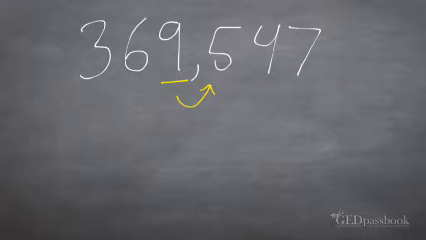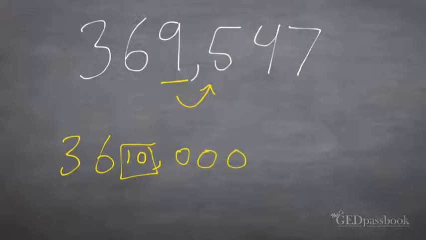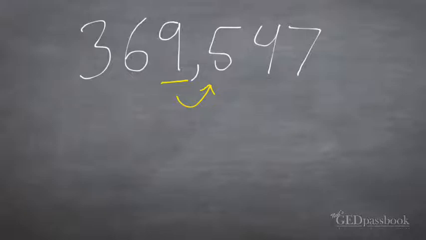But here comes your first trick. You add 1 to the 9. What's 9 plus 1? 10. What do we do now? You can't put a little 10 in the middle. So this is your first tricky situation.